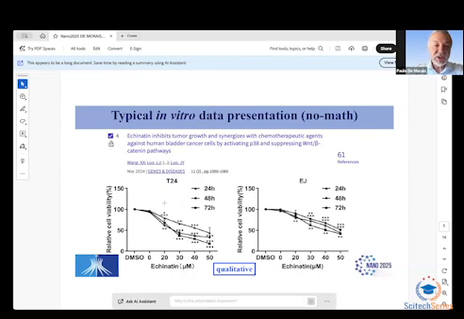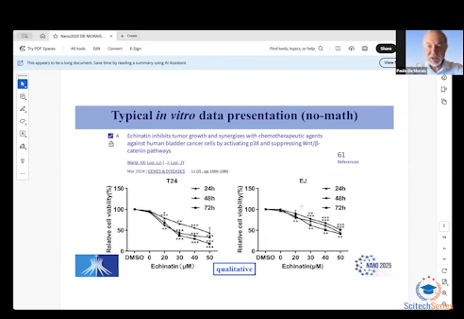So they are testing the cell viability of these two cell lines, challenged by this chemotherapeutic agent. You can see on the left-hand side the cell viability just reduces as one increases the concentration of the chemotherapeutic. The tests were performed with 24 hours incubation, 48 hours incubation, and 72 hours incubation.